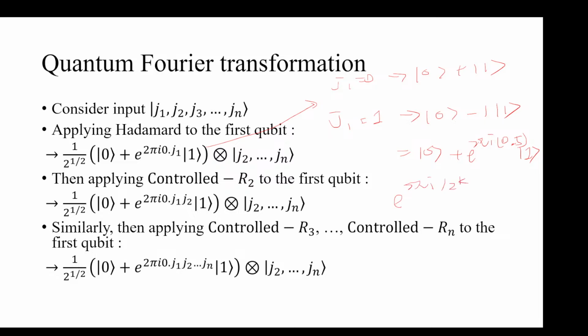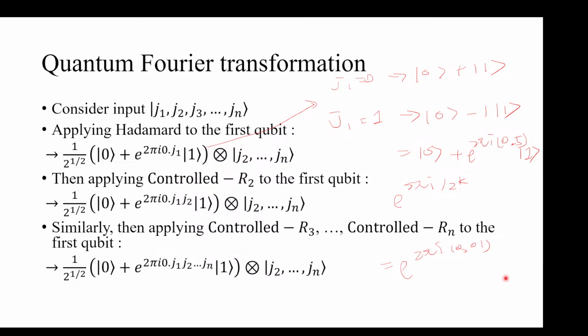And if you write it down in binary, then that's equal to e to the 2 pi i times 0.01. Okay, and then you only apply this when J2 equal to 1.